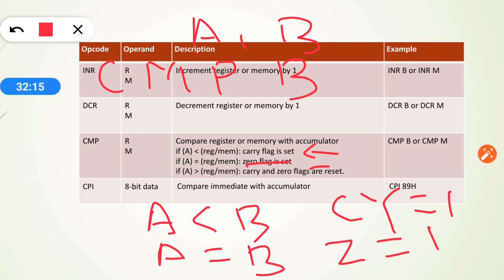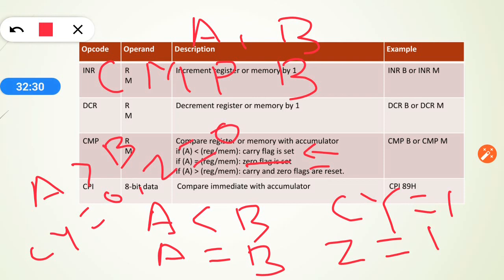And lastly, if A is greater than B, at that time CY becomes 0 and Z bit also becomes 0, which is given by this line: if A is greater than register or memory. Here in this case we are dealing with B. So carry and zero flags are reset. Reset means 0 and set means 1, right? So if A is greater than B, CY is 0 and Z is 0.